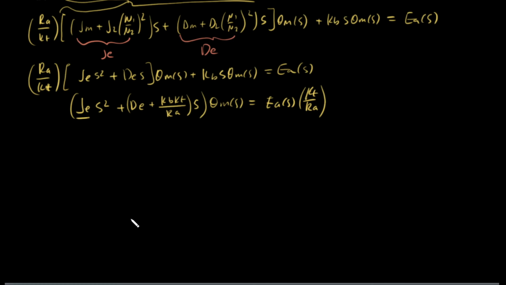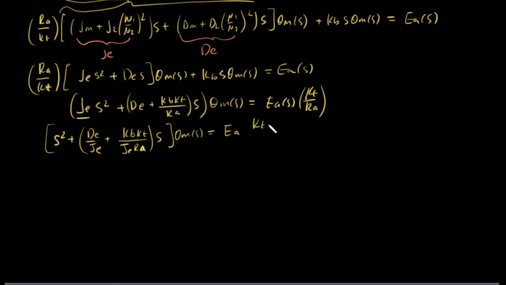And if we do that, we can get this expression, which is (S squared plus DE over JE plus KB KT over JE RA times S) times theta M of S, and that's equal to EA KT over JE RA.